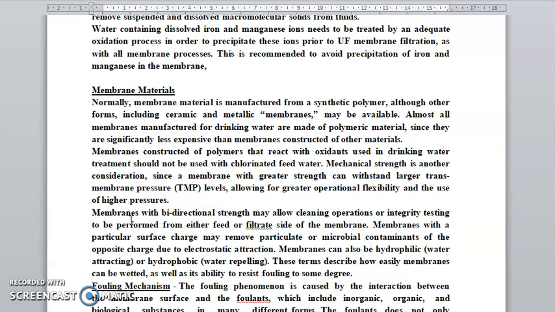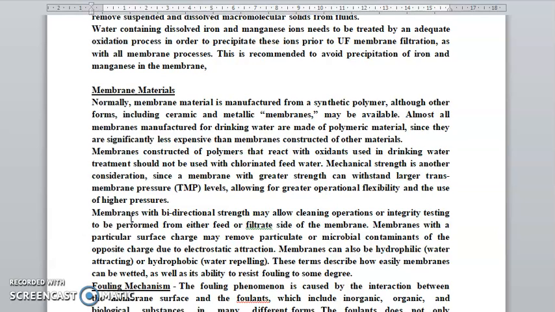Almost all membranes manufactured for drinking water are made of polymeric materials since they are significantly less expensive than membranes constructed of other materials. A membrane constructed of polymers that react with the oxidant used in drinking water treatment should not be used in chlorinated feed water.